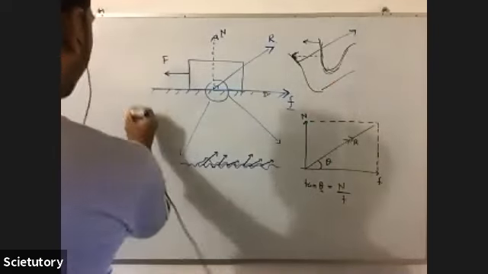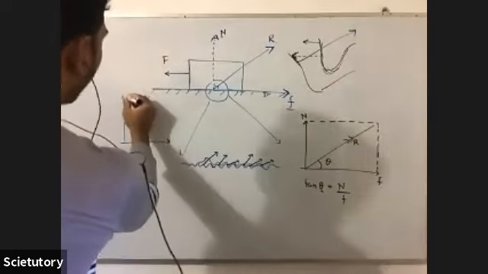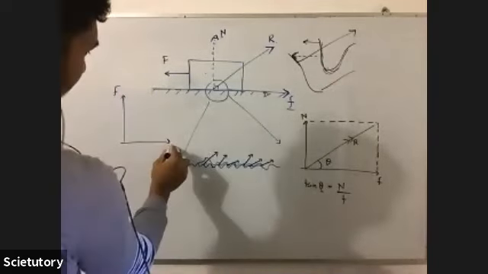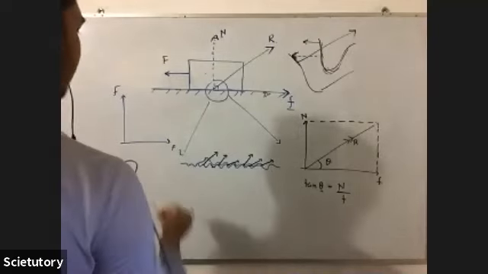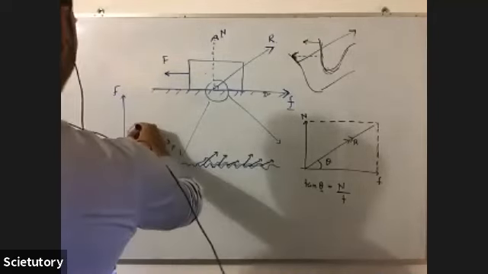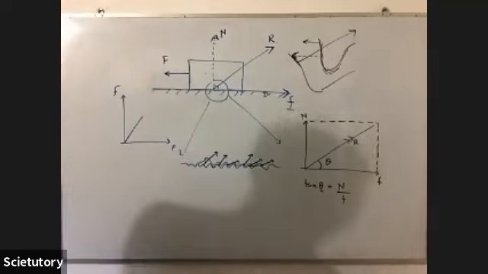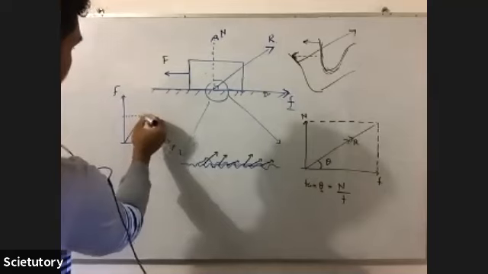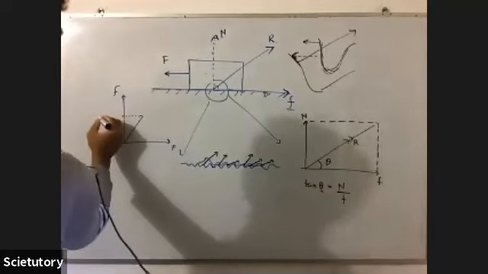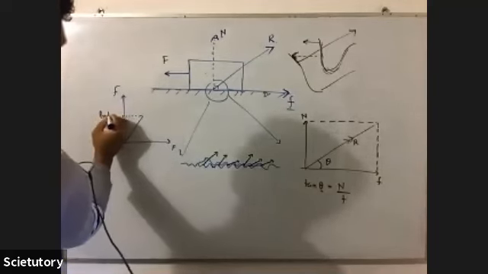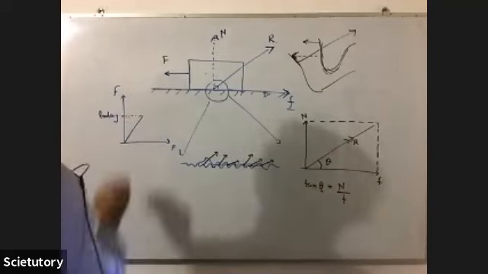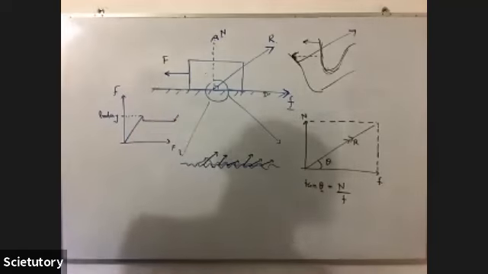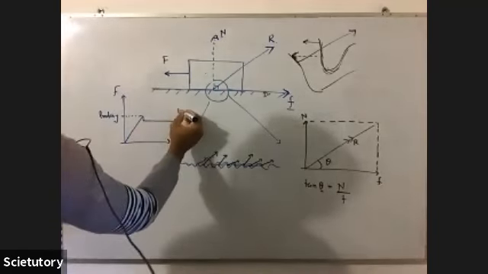Initially, before the motion starts, if it is at rest, the static friction changes, equal to the force applied. Then it reaches a maximum point. How do you call that? Limiting friction. After that, there is a fall, and then you see what friction here? Dynamic friction.